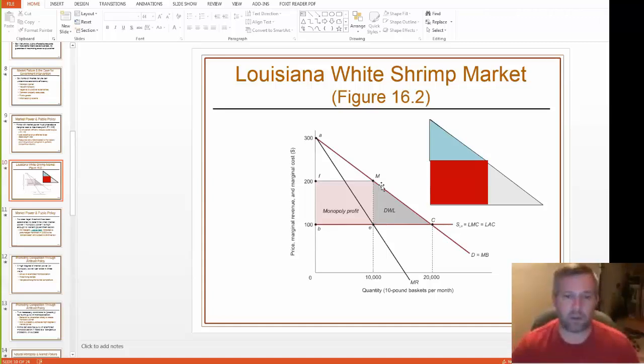Let's say you have a friend who's 2 spots ahead of you, and your friend is the 9,999th person in line, and they're willing to pay $201. So when the market is competitive, both of you are happy because you only have to pay $100 for this. Your friend is willing to pay $201, you're willing to pay $199. So you're both happy.